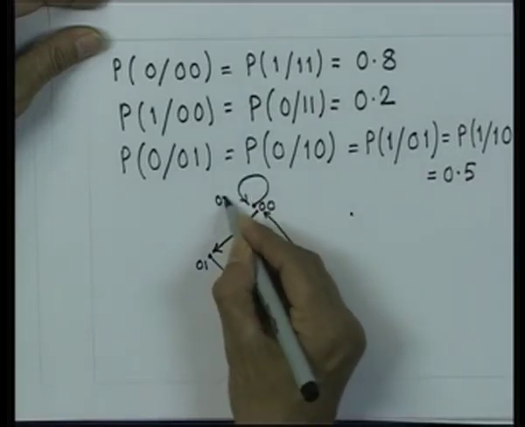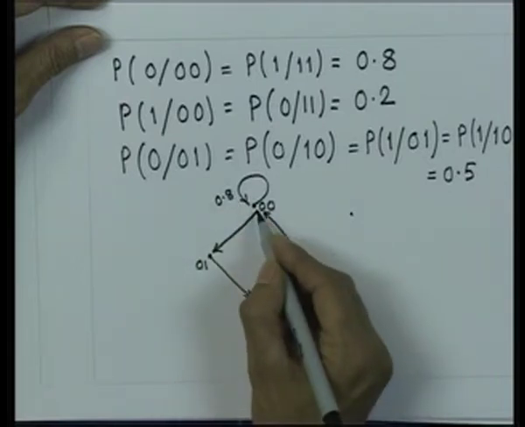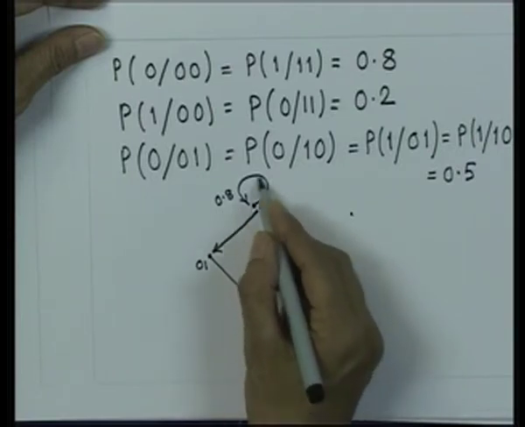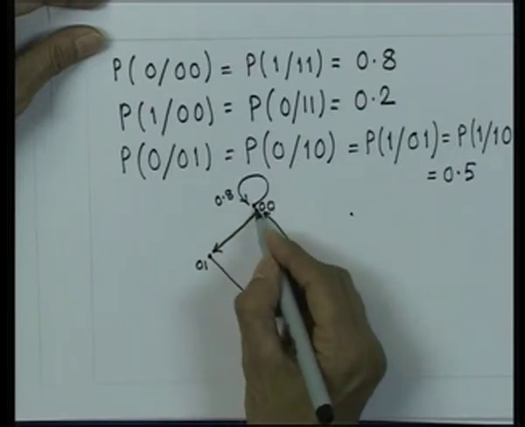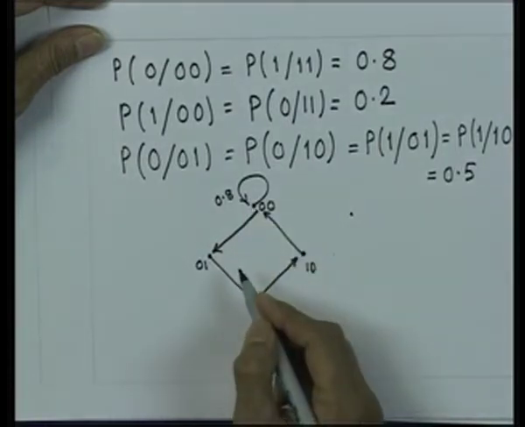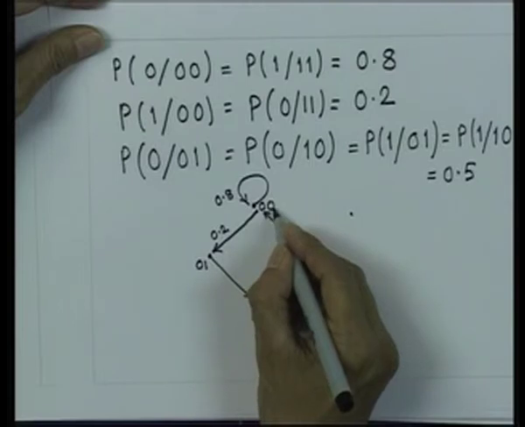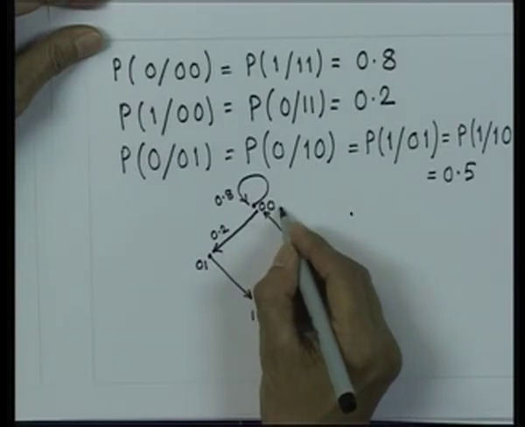This will be 0.8 because the probability of 0 given 0 0 is 0.8, and when 0 occurs it will again go into the state 0 0. So, this is what it means, and then when it is in state 0 0 and 1 occurs it will move over to state 0 1.